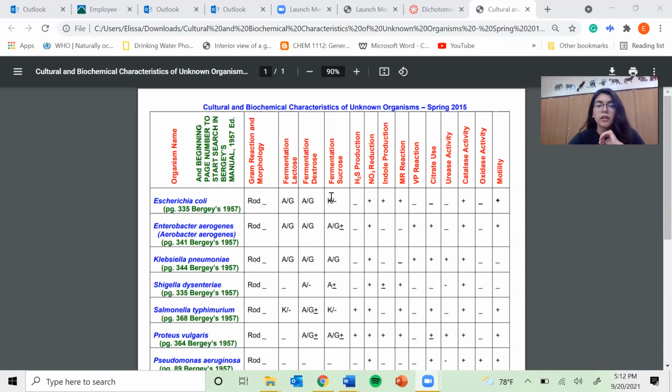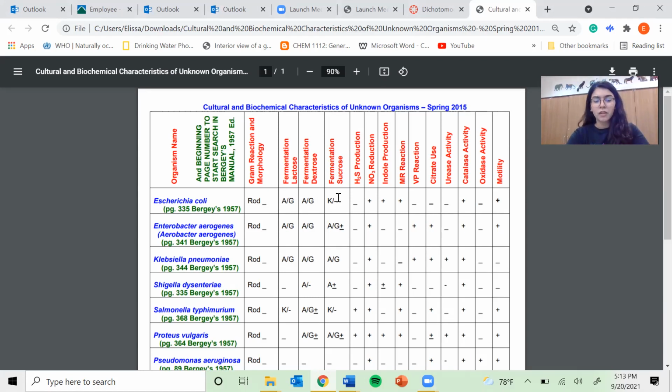So for K, all it means is that the bacteria is fermenting. Like let's say right here, E. coli ferments sucrose, but it doesn't use sucrose to ferment. It uses peptones that were in the agar, the nutrients and stuff.